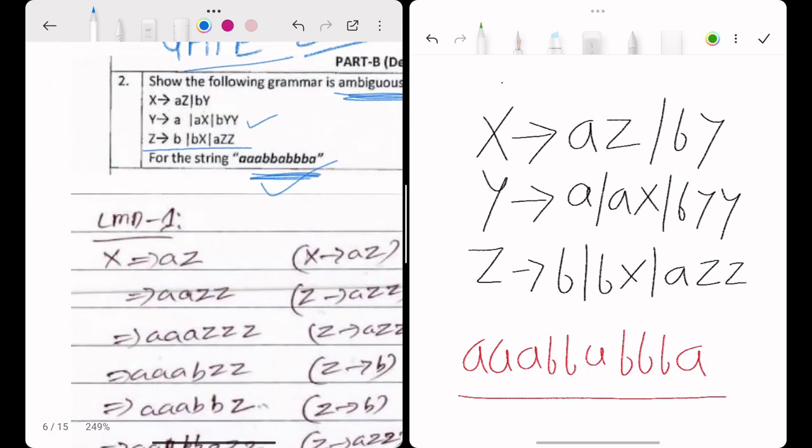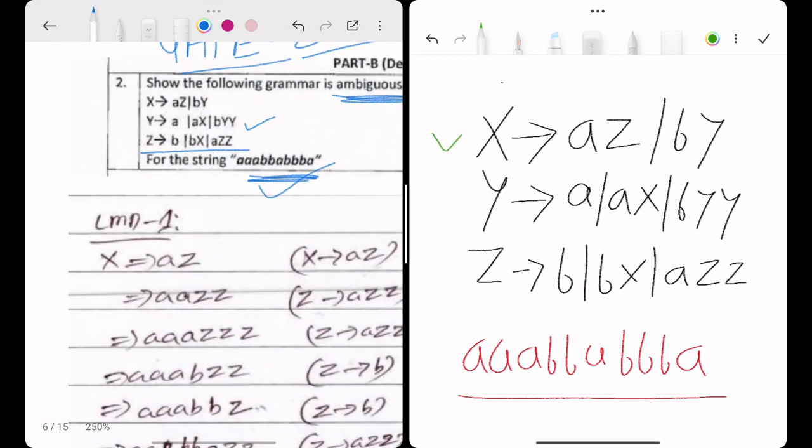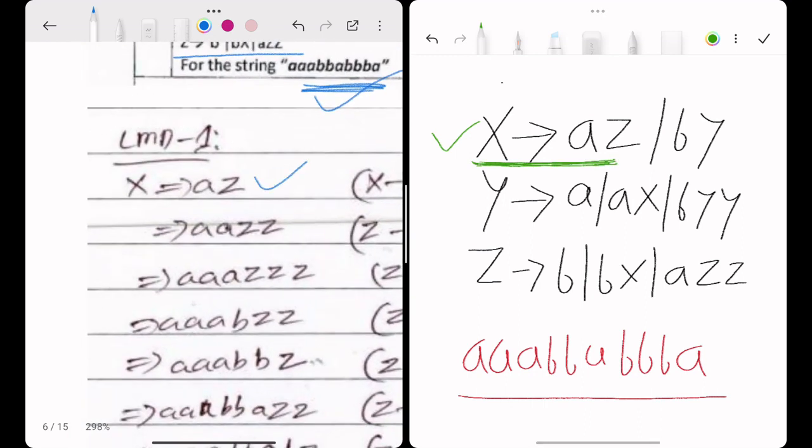Now I will try. At first I am taking this one, X produces AZ. Now in place of this Z, I am writing this one because Z produces AZZ.